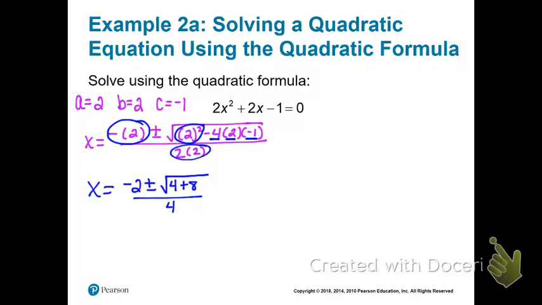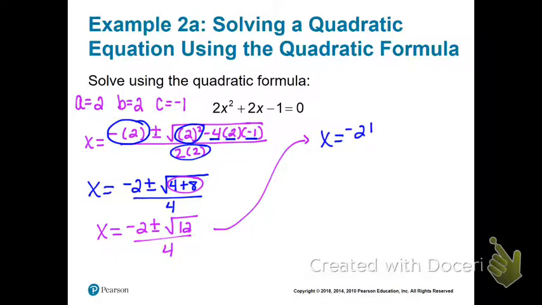So now I'm going to work what's inside my radical. So x equals negative 2 plus or minus the square root of 4 plus 8 is 12, all over 4. So we got x equals negative 2 plus or minus that square root of 12.